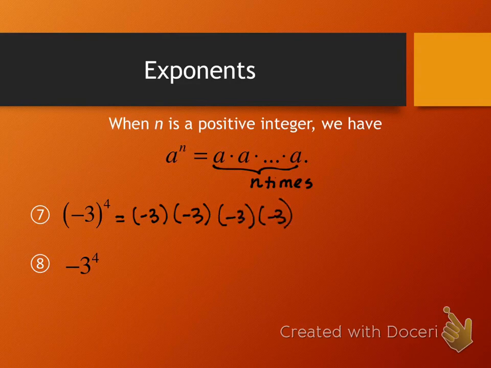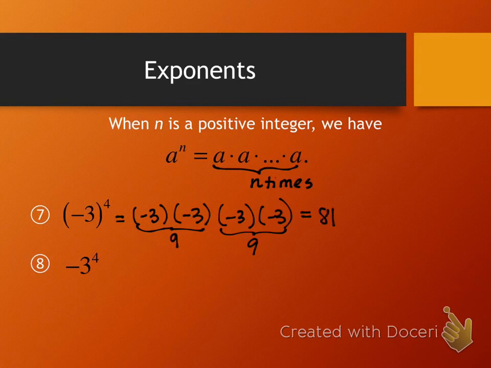I have negative 3 4 times. So if I have 4 negatives, do I end up with a positive number or a negative number? I end up with a positive, right? Every 2 sets of negatives become positive. So if you want to work it piece by piece, a negative 3 and a negative 3 becomes a positive 9. And this negative 3 and negative 3 becomes another positive 9. And then what's 9 times 9?